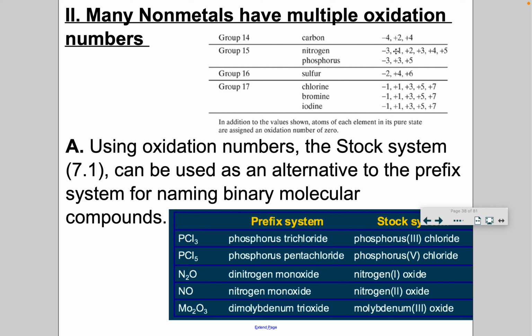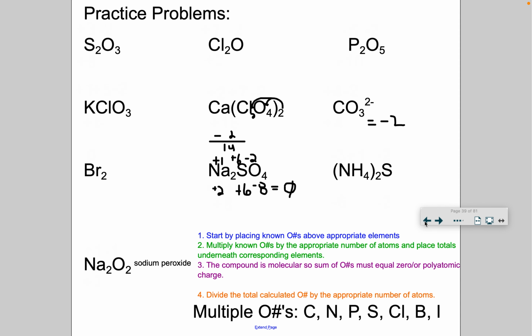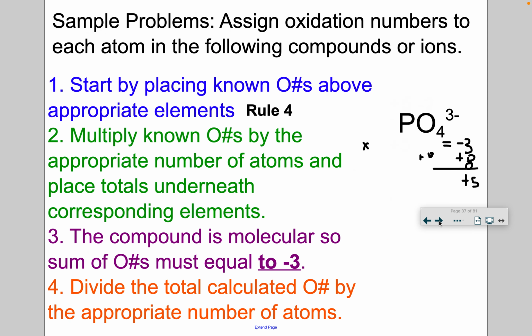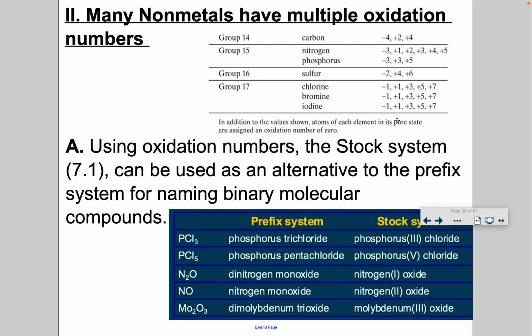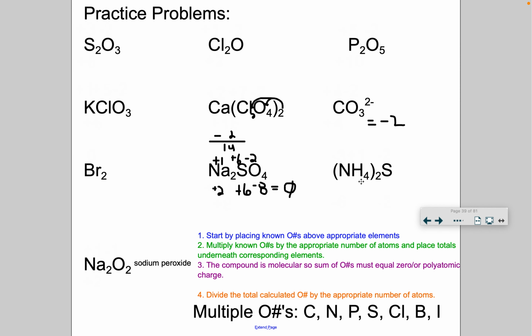It's got a minus 3 value, but it can be pluses, so it's most likely going to have a positive value. If you find sulfur, it can be positive, but it can be negative, and sulfur's at the end. So that means that sulfur has to have a negative charge, and sulfur only has one negative charge value, and that's going to be minus 2. So redo this here. So that means sulfur is going to be minus 2.